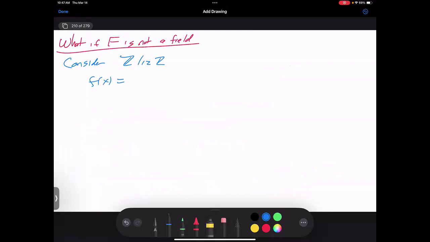Can somebody give me a good choice for f? Yeah, let's make it a little bit meaty. Say 3x to the 5th plus 1. And what should we take for g of x?